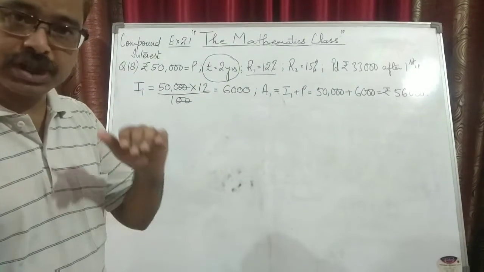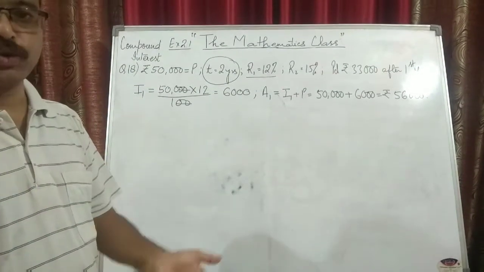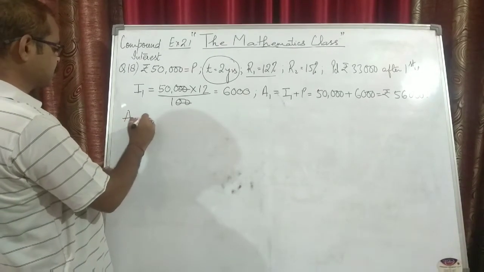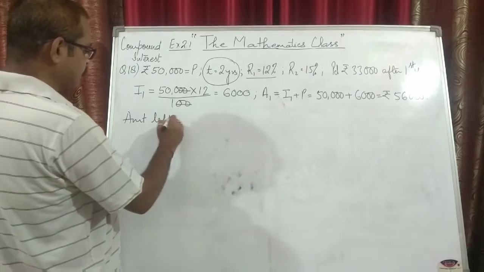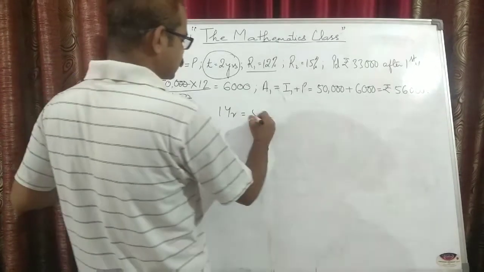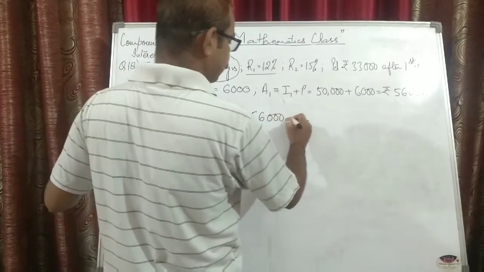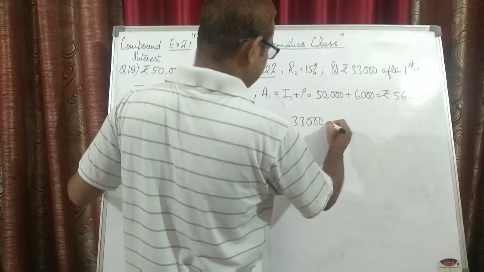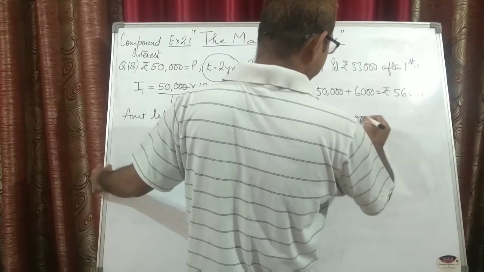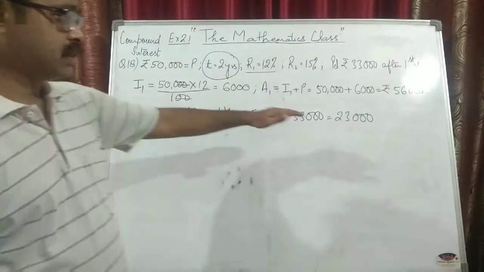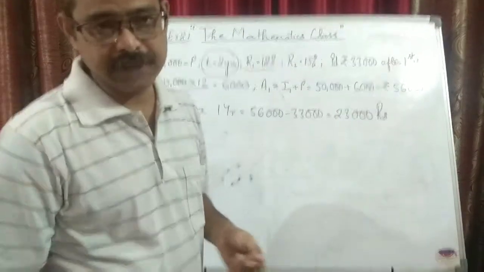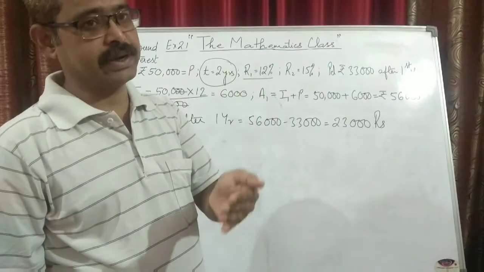So we will find out how much amount is still left to be paid at the end of second year. So amount left after 1 year, that is 56,000 minus 33,000, that is, I hope, 23,000 rupees. Now this is the amount left.